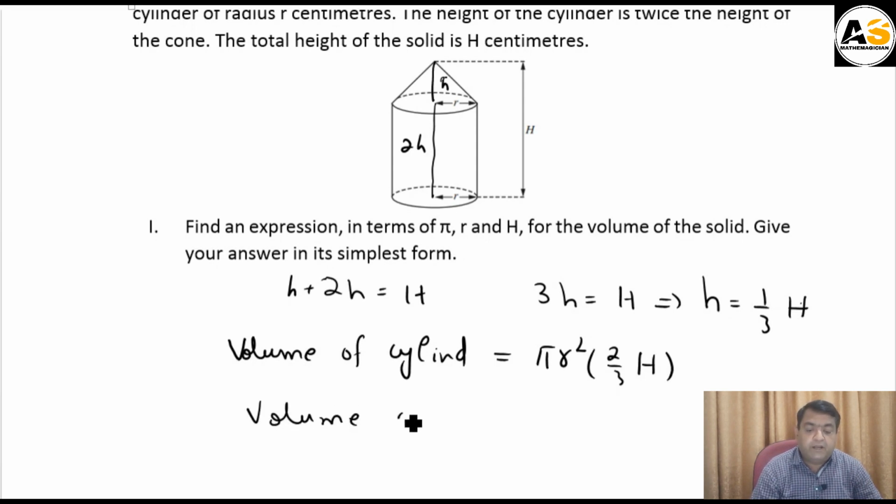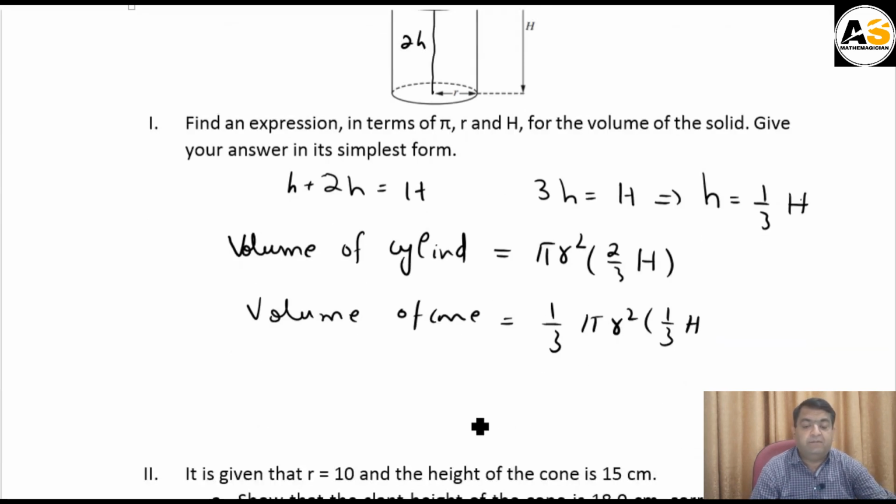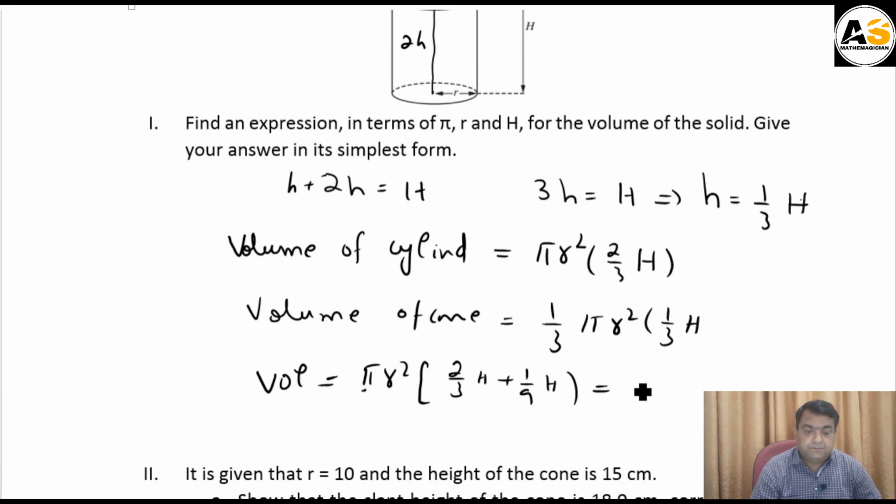Formula for volume of cone is 1 by 3 pi r square into height of the cone, which is 1 by 3 H. So total volume of the solid will be sum of these two, pi r square into 2 by 3 H plus 1 by 9 H. This will be 7 pi r square H over 9 in the simplified form. I hope this is clear.